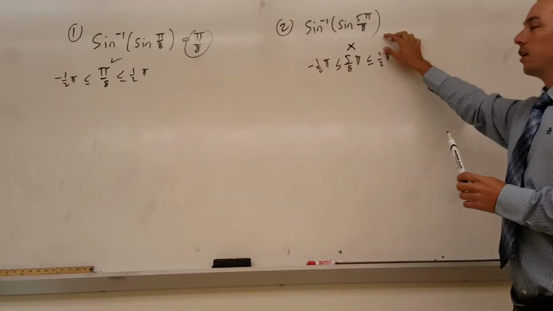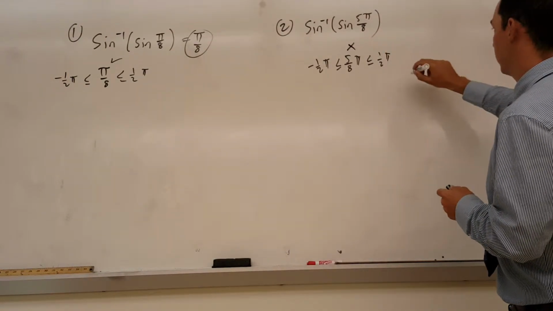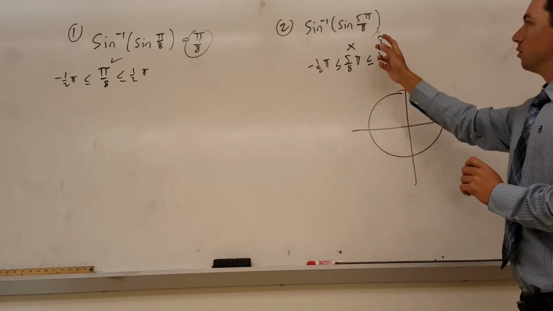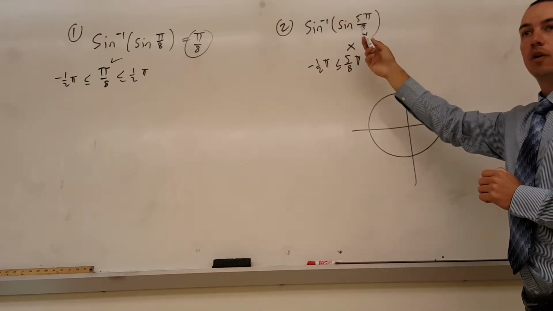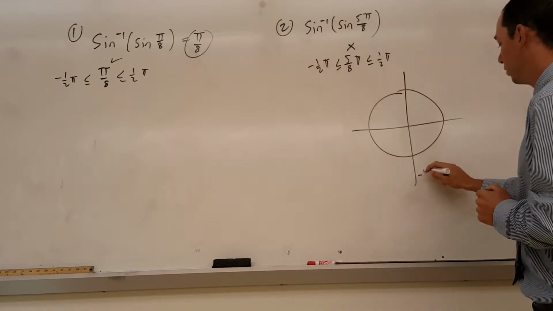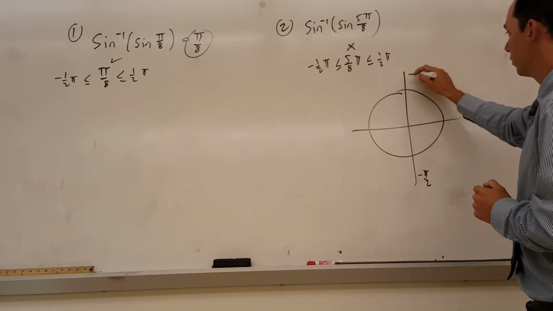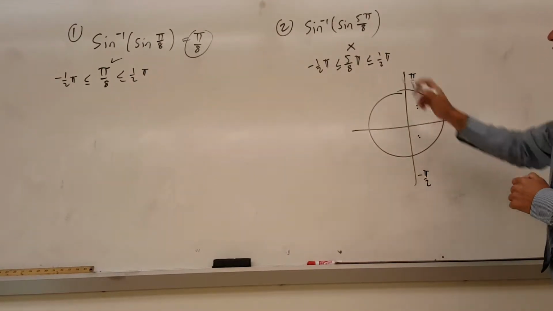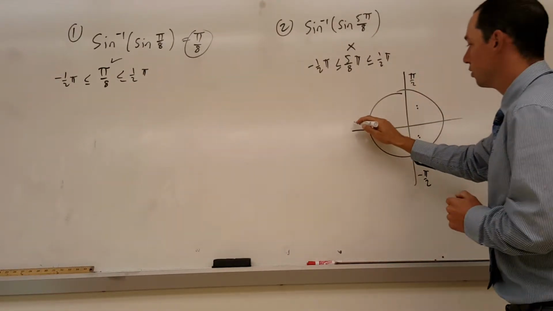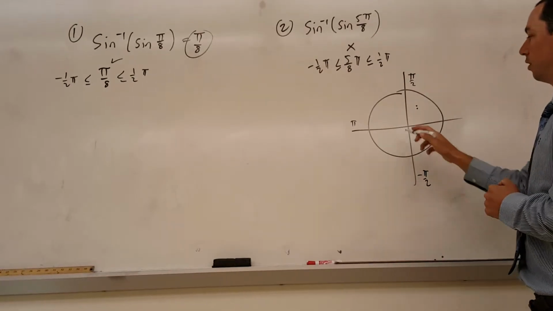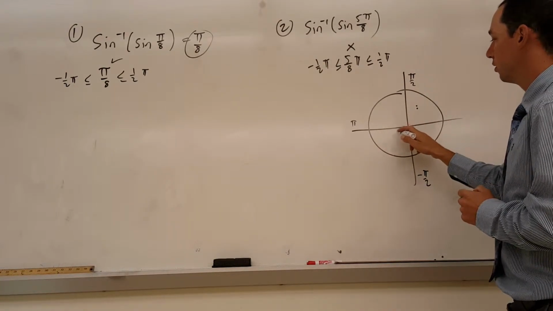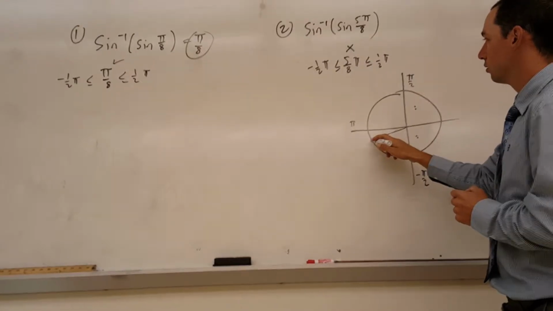But we can find another angle, so we get our unit circle here. For sine inverse, we must use angles only from negative pi over 2 to pi over 2, so we can only use quadrants 1 and 4. Here's 1 pi, that would be 8/8.